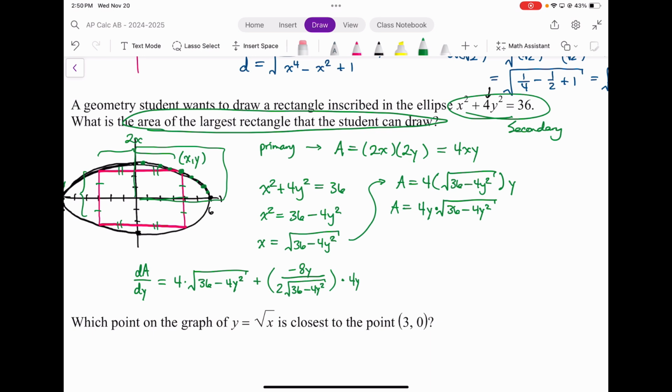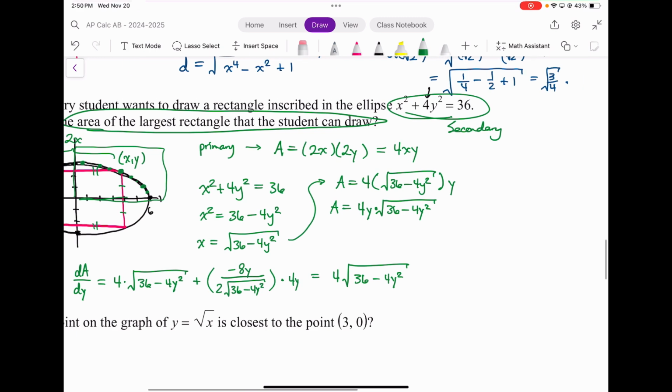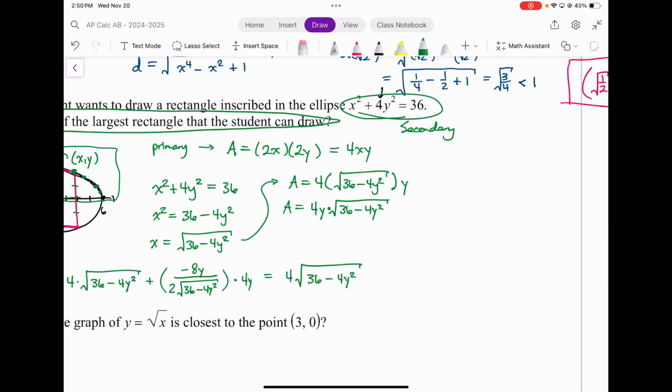Okay, let's try to simplify this thing a little bit. Yikes. This is not a fun equation to look at. All right, so this is going to stay the same. The 2, I'm going to simplify with the 4 there. So we're going to get minus 16y over square root of 36 minus 4y squared.